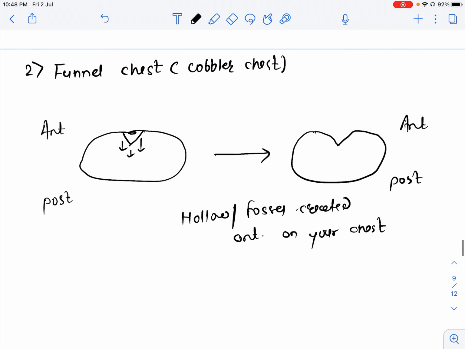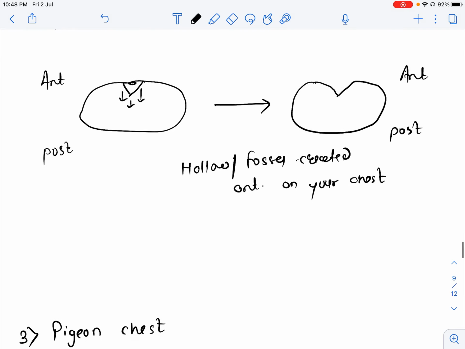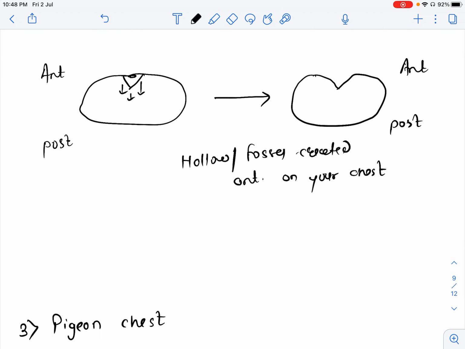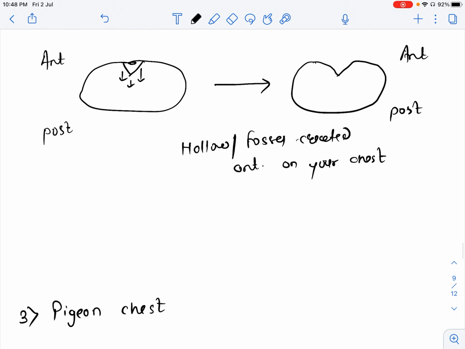So this defines your cobbler's chest. Now why do we call it cobbler's? We'll get to know that in a second. So first, there is a hollow or a fossa created anteriorly on your chest.